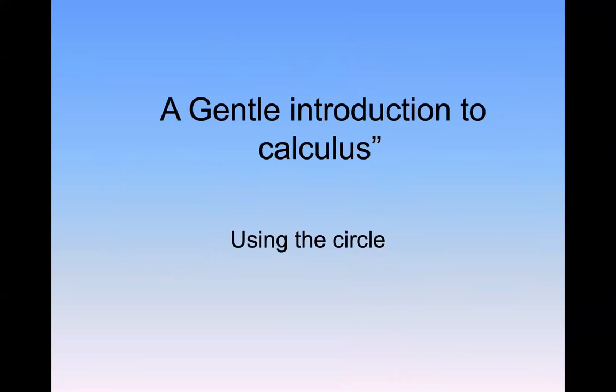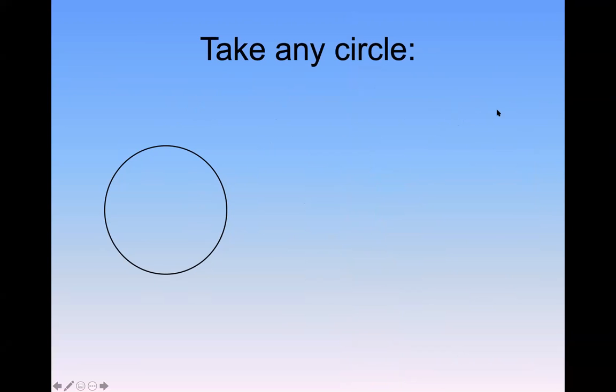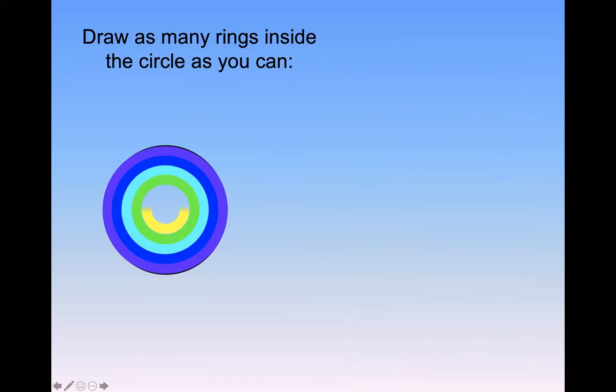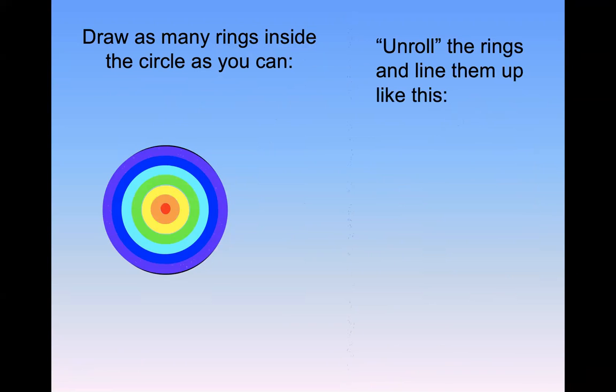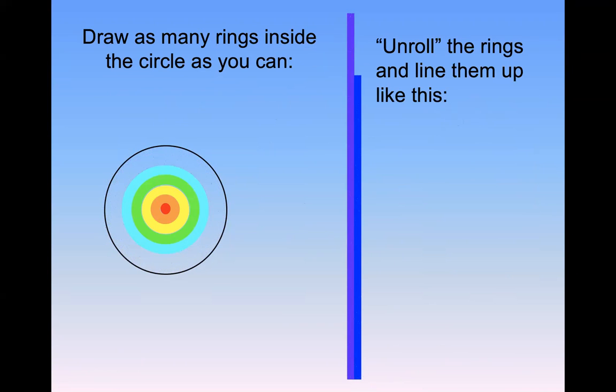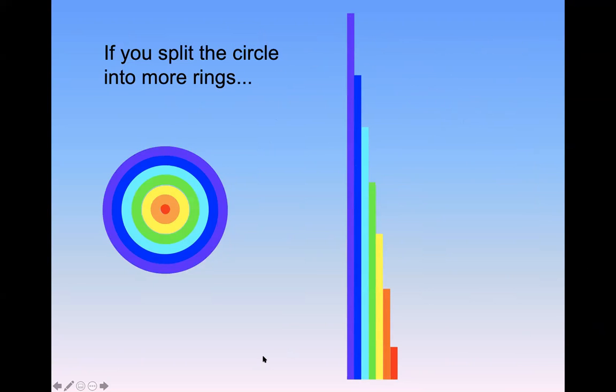So are you with me? Let's have a look at these slides and see what it means. If you have a circle, and you draw as many rings inside as we can, and then you unroll the rings and line them up like this, this will become like a triangle.